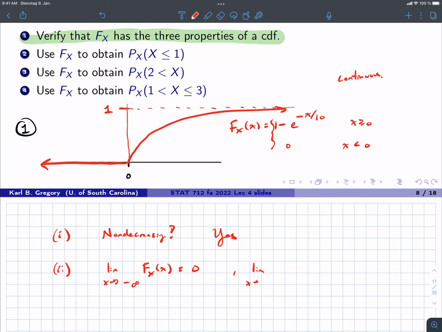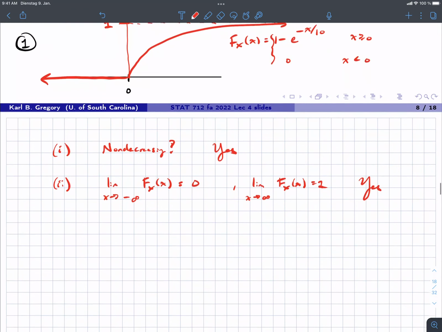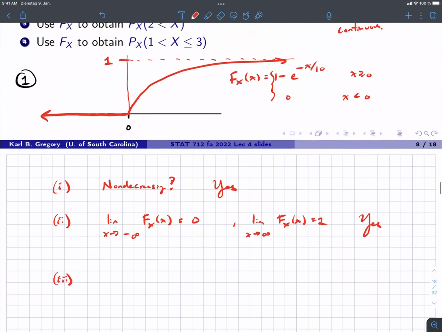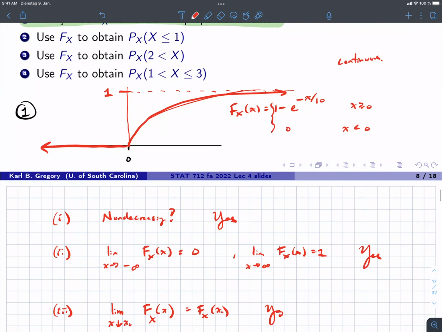And if I take the limit as x goes to positive infinity, it limits to 1. So that's true as well. And then the third one was this right continuity property, which said if I take this right-hand limit, it should equal the endpoint value. This is true because the function is totally continuous.